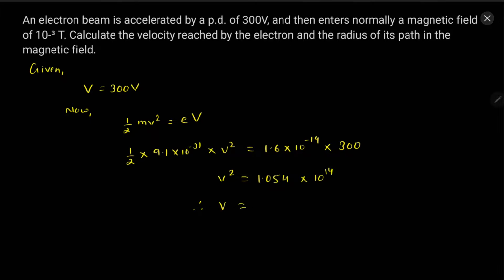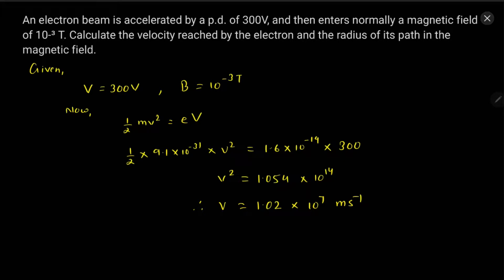Therefore v is equal to 1.02 into 10 power 7 meter per second. Now according to the question, this moving electron enters normally into the magnetic field of 10 power minus 3 Tesla. So what will be the radius of the path?